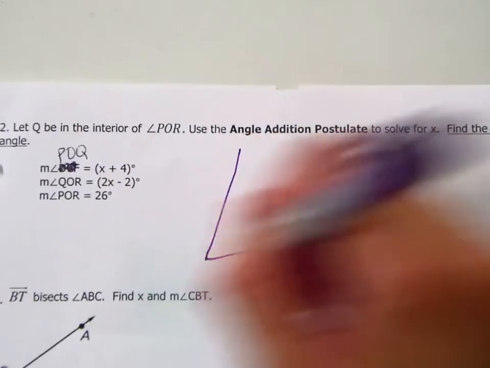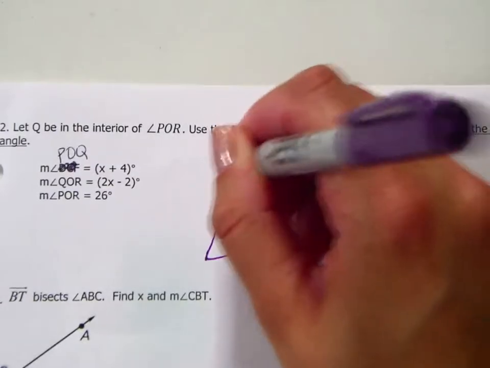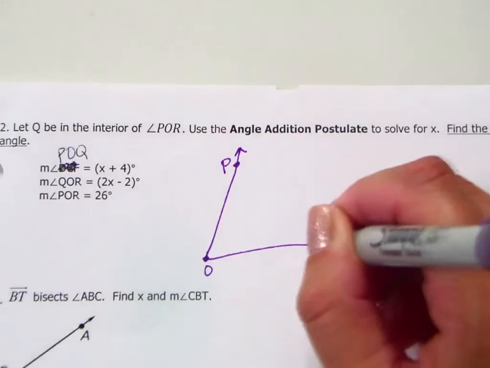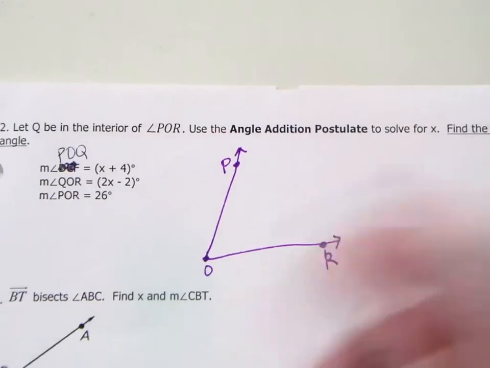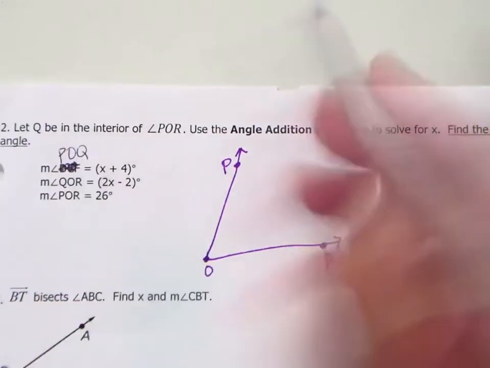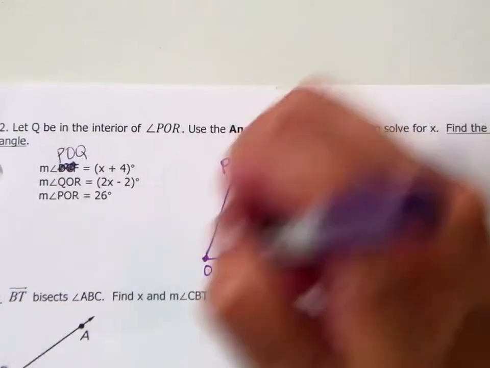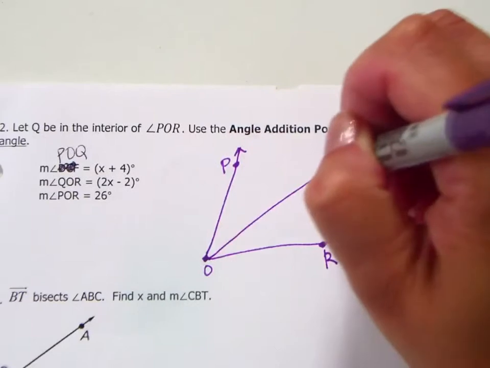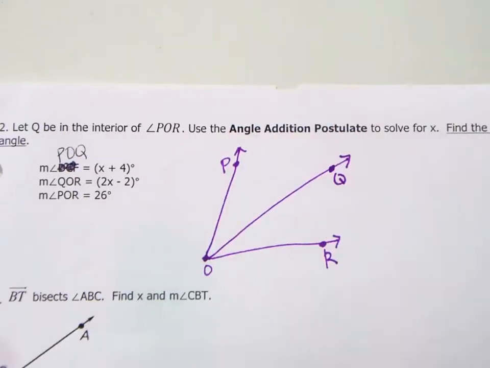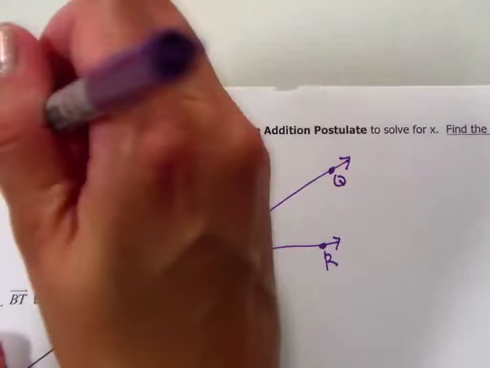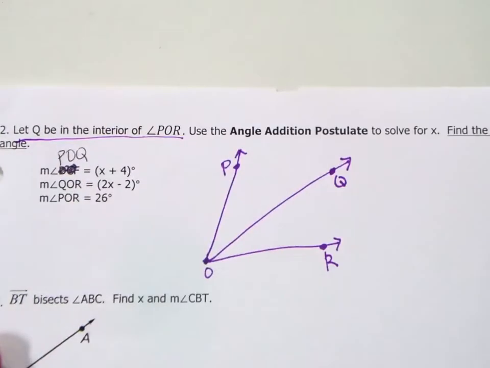So I'll draw angle POR. And when it says let Q be in the interior, that means Q is on a ray somewhere inside that angle. So that's what your picture should look like for this information.